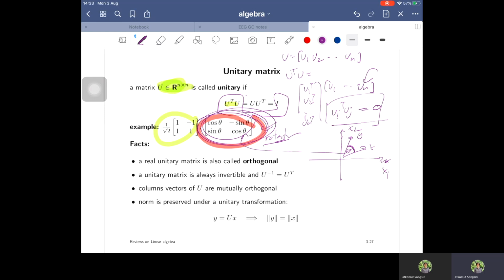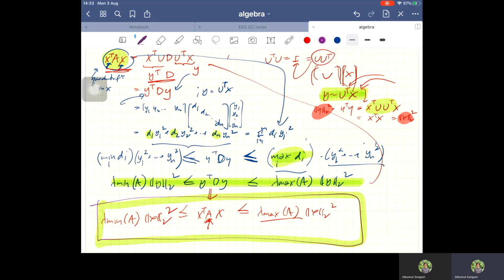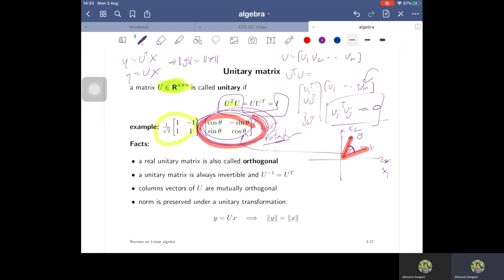It's a rotation because the norm of vector y and the norm of vector x are equal; they differ only by the angle. The property is that when you multiply x by a unitary matrix, U or U transpose, the norm of y equals the norm of x. We just proved this previously on this page.